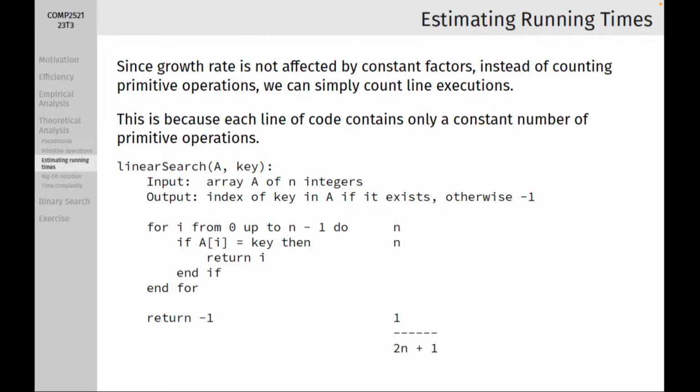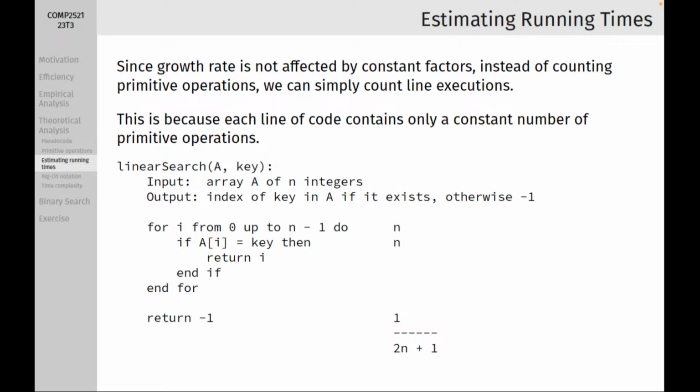Let's look at the linear search algorithm. It seems like the maximum number of primitive operations on any line in this pseudocode is 3, because of this for loop. It has the assignment, condition checking, and increment. So 3 primitive operations on the same line.